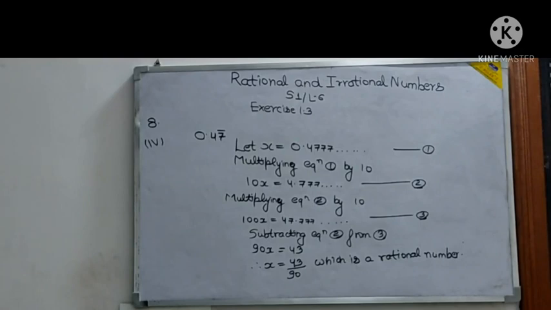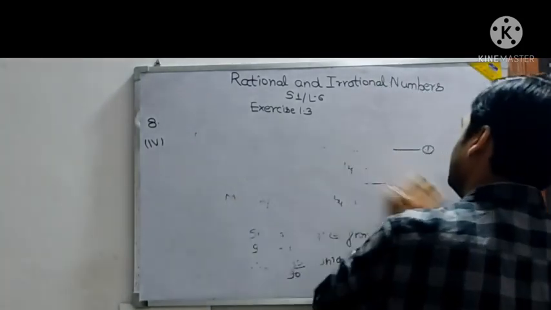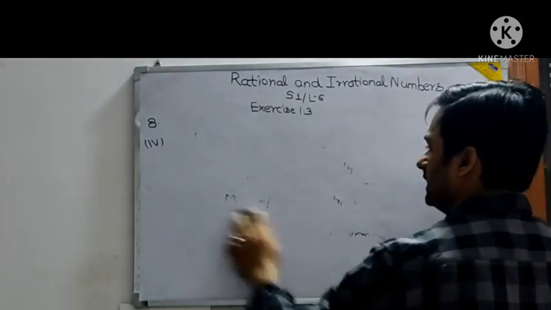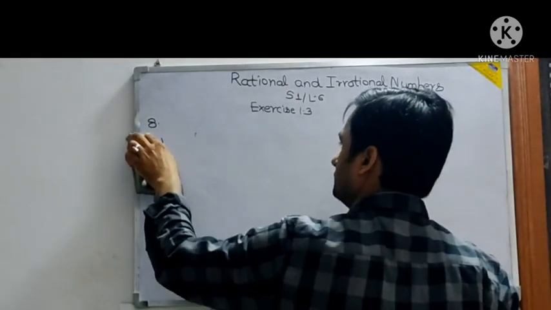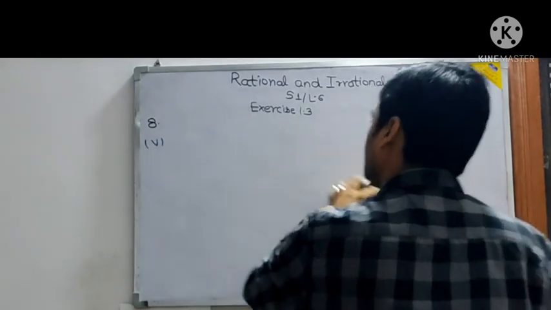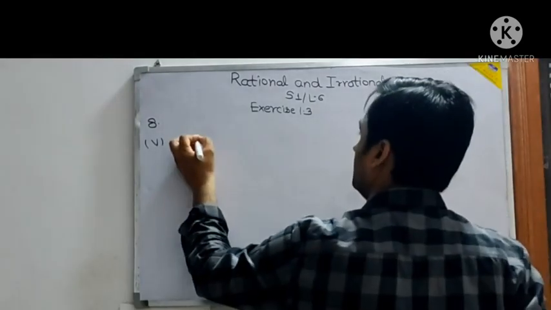Let us take one more part, because this is altogether a different question. Then we'll take the fifth part. And all these parts must be done in the copy. The fifth part says what? 0.134 bar.